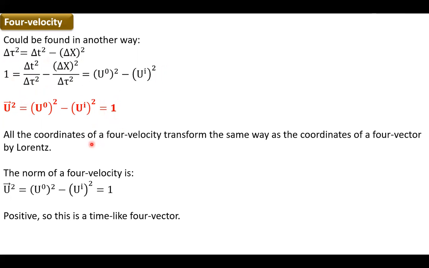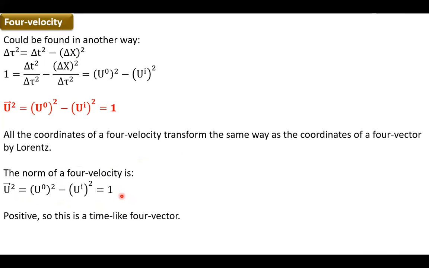So all the 4 coordinates of the 4 velocity transform the same way as the coordinates of a 4 vector. So it's a 4 vector by Lorentz, it's a 4 velocity. The norm is the radical of 1, which is 1. It is positive, so it's a time-like vector.